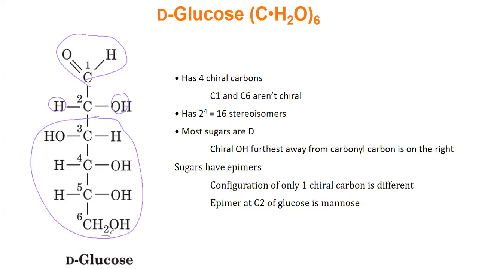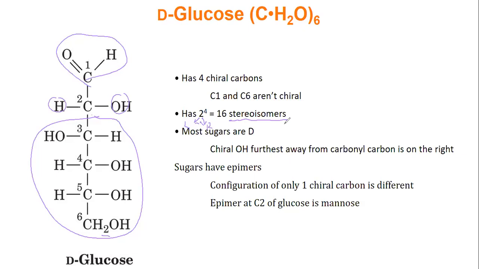So if we look at all of our aldohexoses, we have 16 different possibilities. That is, a chiral center can have the OH facing the left or the right, so we have two possibilities at 4 positions. We have 16 different possibilities, and we call these stereoisomers. A stereoisomer is a sugar with the same number of carbons, and let's say they're all aldoses.